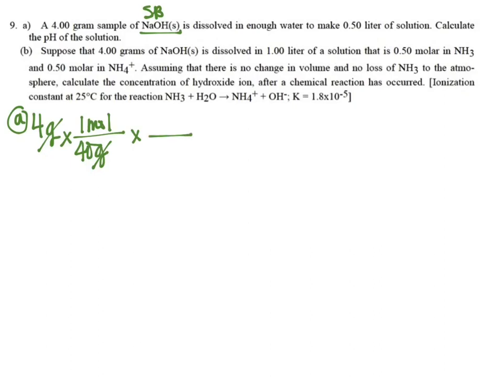I know molarity is moles per liter, and I know I have 0.5 liters, and that's just a 1 on top. And now you're ready to solve. And I get 0.2 moles per liter. And that is also my hydroxide ion concentration.